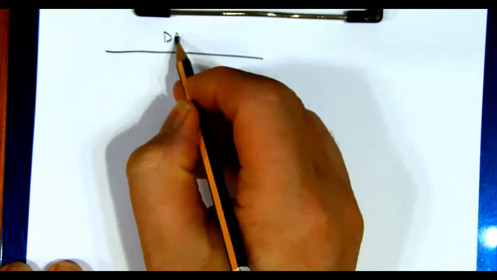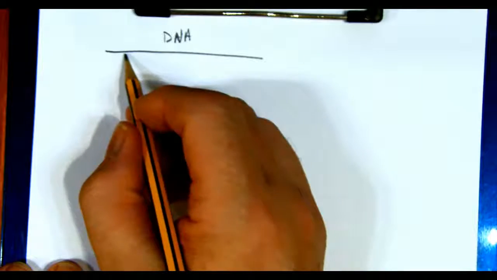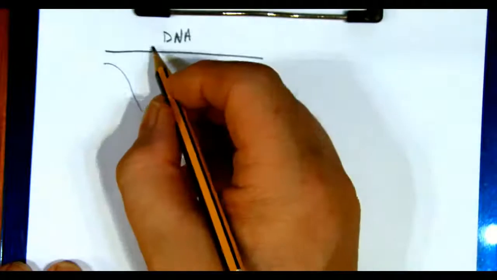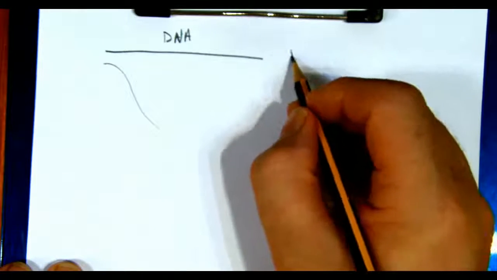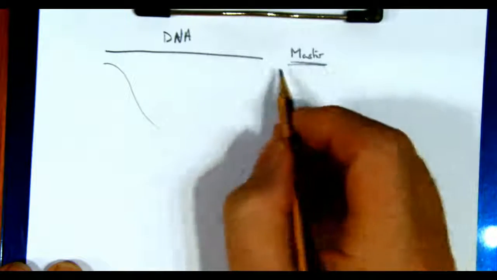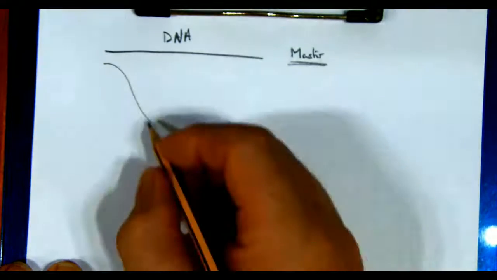Right, so let's look at an idea. What we're going to do is take a piece of DNA, and I'm going to split it. We've got, if you like, one side which is going to be the master side, which is going to be the coding for the gene that we want to look for.